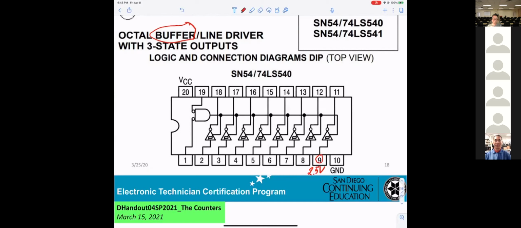What logic? Logic 1. However, if you enable it, what's coming out here goes to 4.5 volt. Now you understand why they need the buffer. The same logic 1 coming in, but that's not a good logic 1. Logic 1, you want it at 5 volt. So that's why when it goes through the buffer, they try to bring it very close to 5 volt as much as we can.